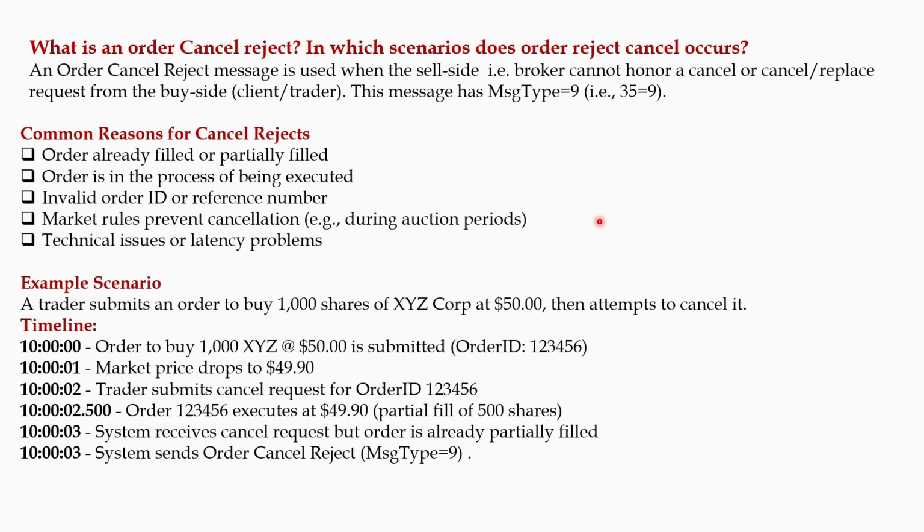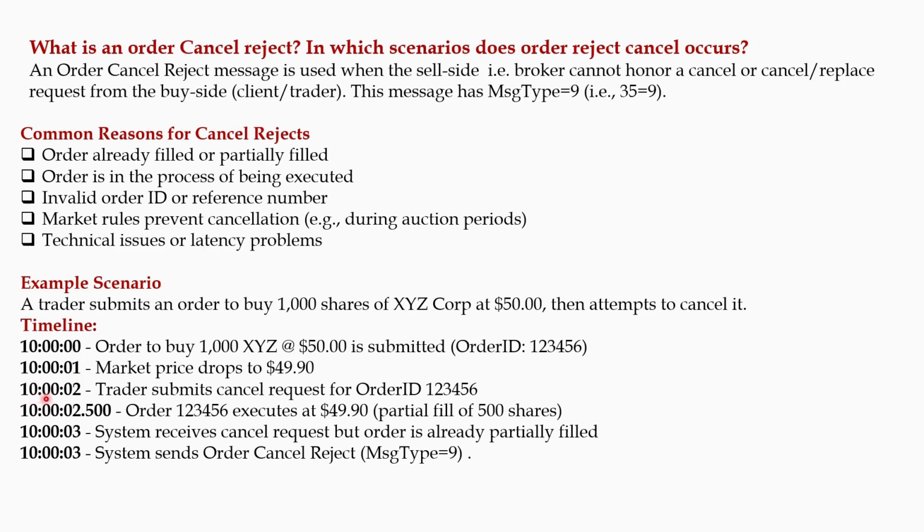Okay. So at 10:00:00, an order to buy 1000 shares of XYZ at $50 is submitted, and the order ID generated here is 123456. At 10:00:01, the market price drops to $49.90.